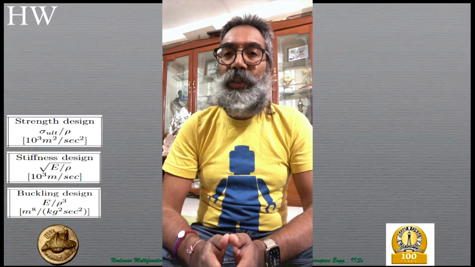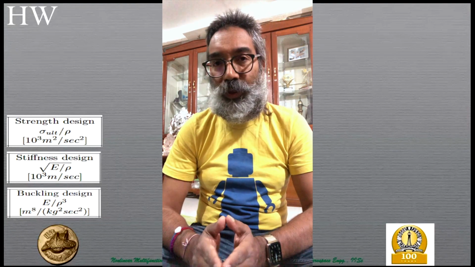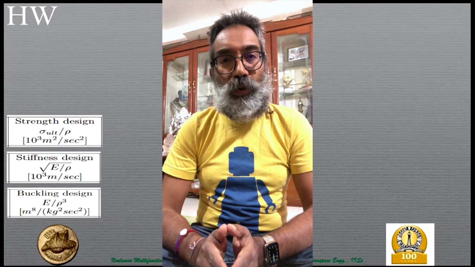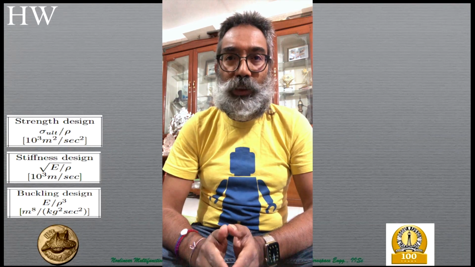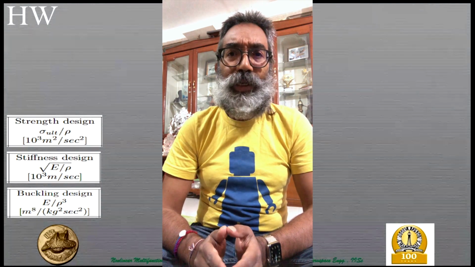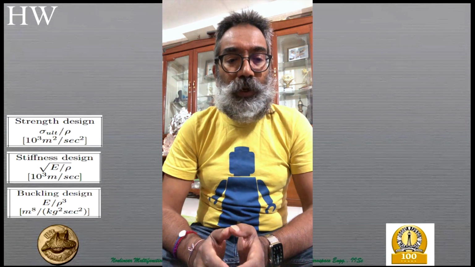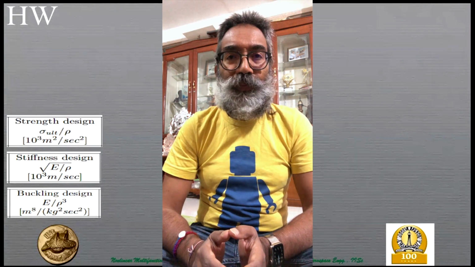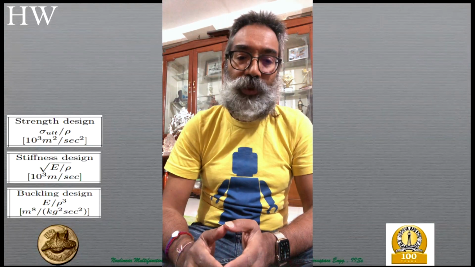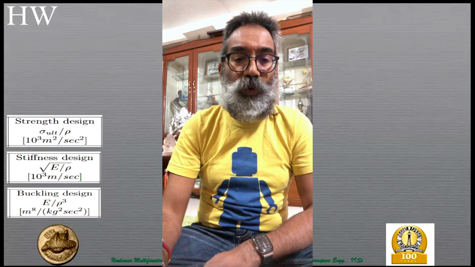And the stiffness based design in a dynamic situation becomes meter per second, but again 10 power 3 is a factor which is taken out. So this is for the dynamic case. I want you to focus on this dynamic stiffness design. And then the buckling design, or rather stability design to avoid buckling, E by rho cube, which has the strange unit of meter per kilogram squared second squared because of the cubic density that is involved over there.